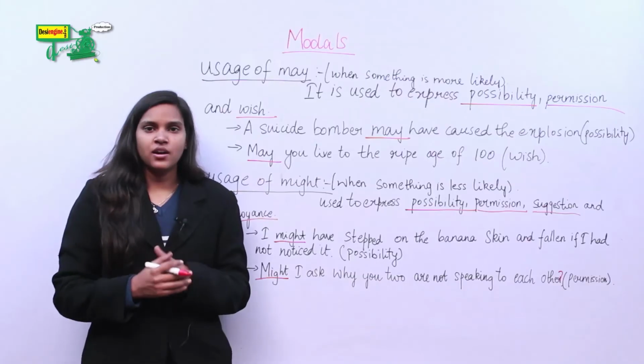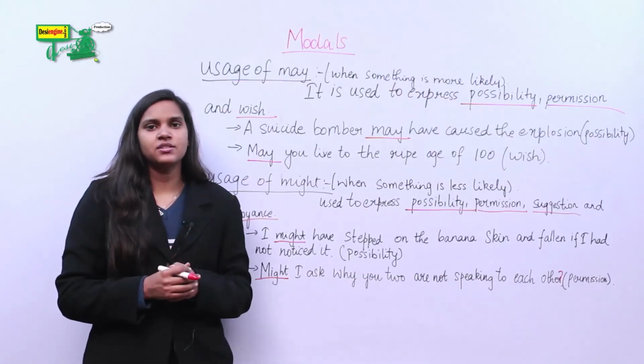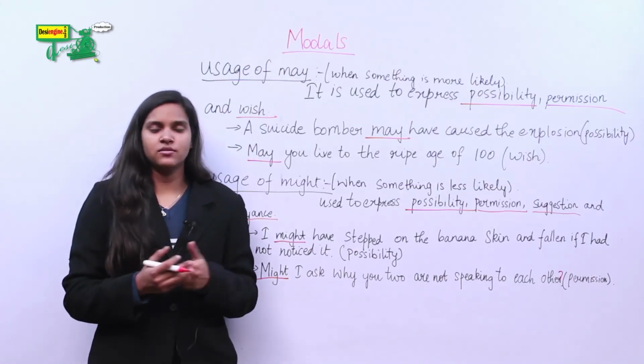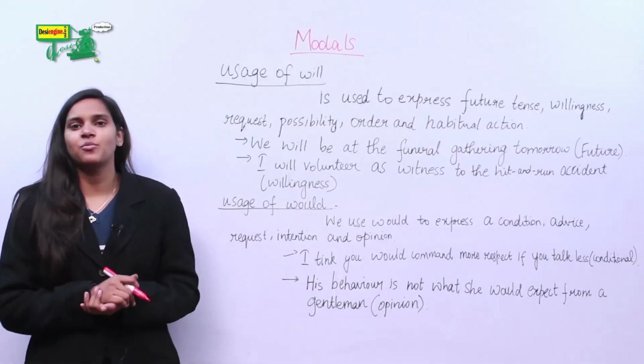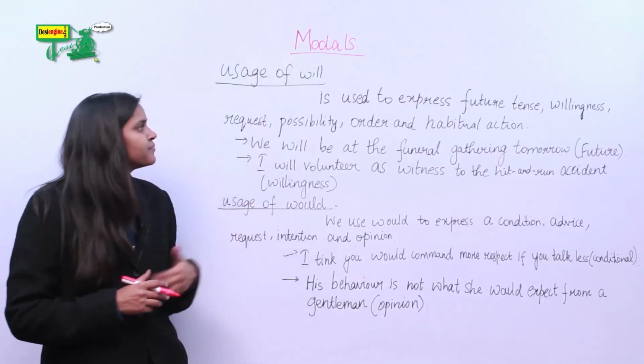May and might are such modal verbs which are interchangeable. That is, you can replace may with might or might with may in your sentences. They are interchangeable. Let's learn about the usage of will and would.